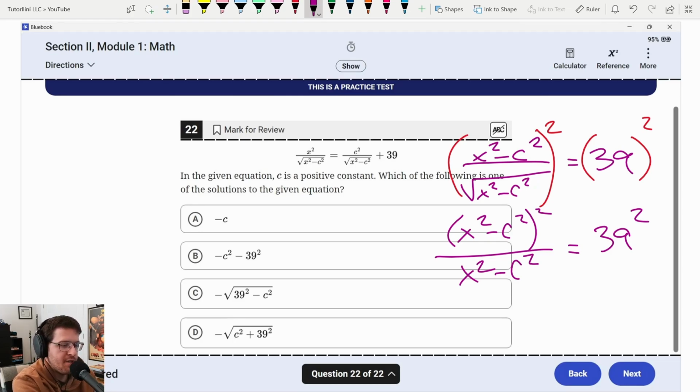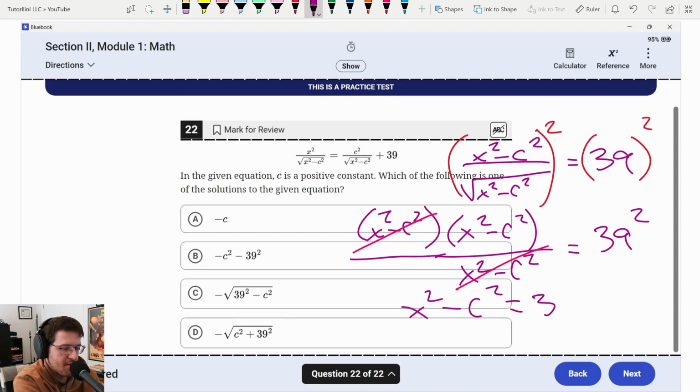Now I've got x squared minus c squared to the 2 over x squared minus c squared to the 1. We divide by a common base. Or, if you'd rather, you could just write it out as x squared minus c squared times itself. That's another way to write a square. Whatever's easier for you to think of. Regardless, you see one of these is going to go away. And we're left with x squared minus c squared equals 39 squared. And now we're in business.